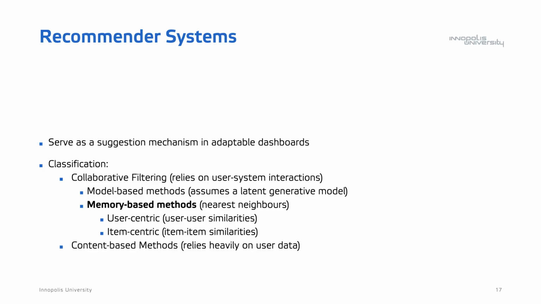However, we decided to use the memory-based methods, specifically the item-centric approach. Why is that? Because the item-centric approach uses item-to-item similarities, meaning that if one user has interacted with several widgets, meaning that the user maybe clicked upvote or downvote for a specific widget.